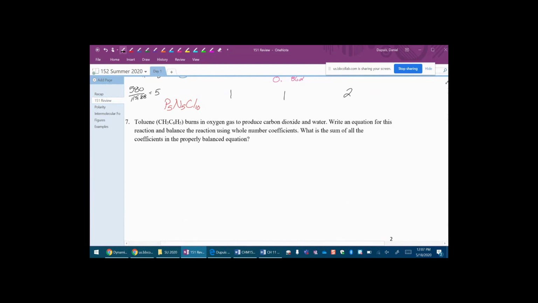All right, so CH3C6H5 plus O2 goes to CO2 plus H2O.